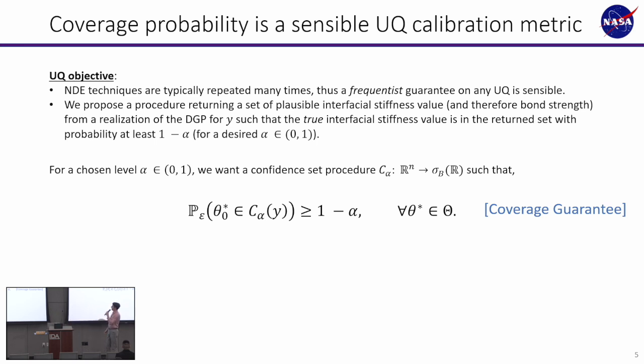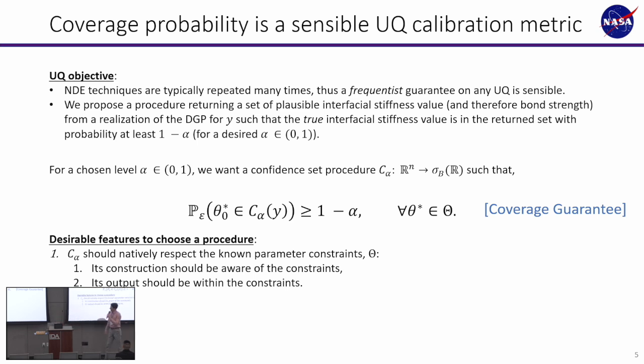We choose an alpha, and my job is to then come up with this confidence set procedure which maps our data to open sets in the real line for interfacial stiffness, such that if we do this a whole bunch of times, the probability that our set covers the true parameter's value is at least 1 minus alpha. And again, the important thing is that this needs to hold for any possible theta star. And this is what I'll call a coverage guarantee.